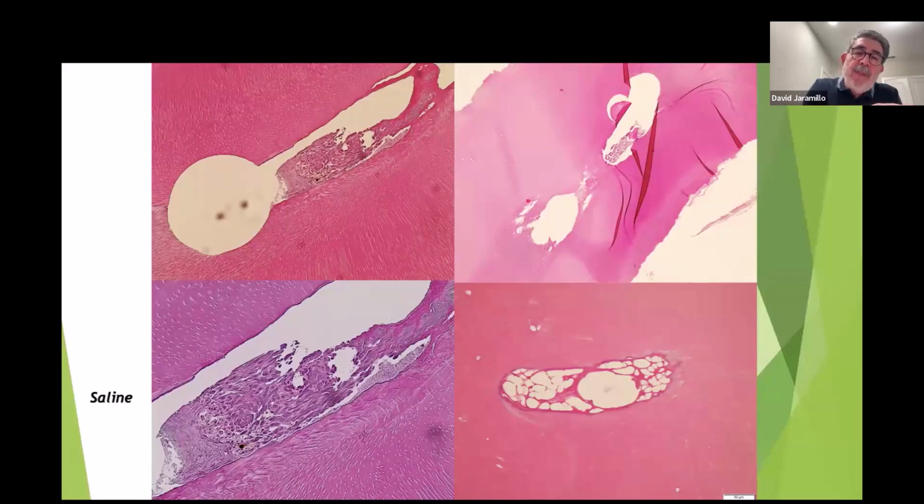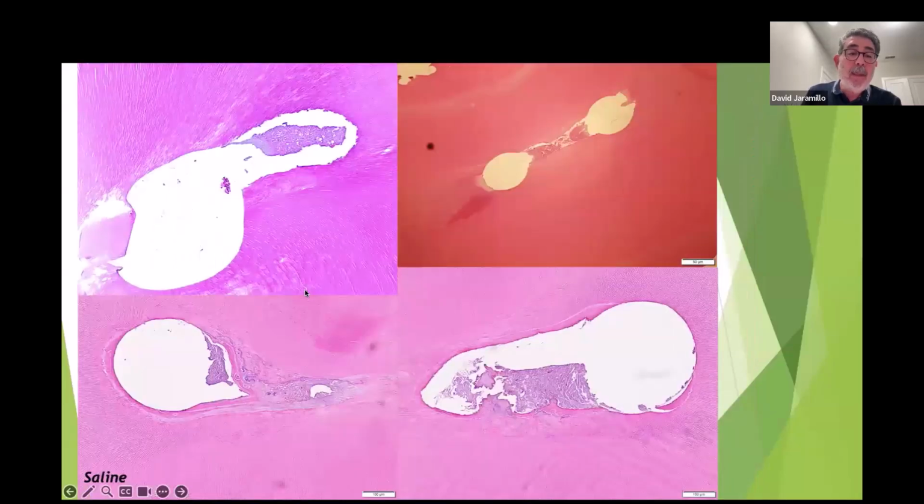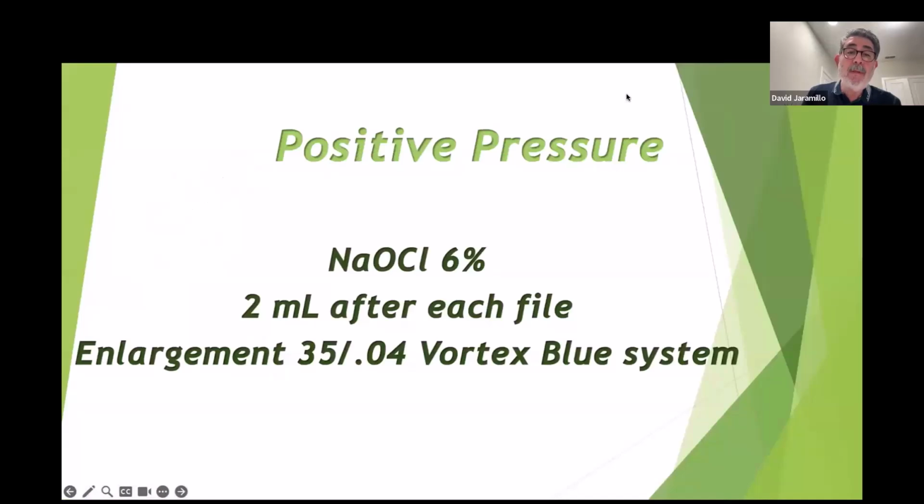Sometimes there are these calcified areas where the instrument doesn't touch, and bacteria hide in those microscopic spaces. So this is saline. Look at this fin here, the entrance of this isthmus, this other isthmus. Some pulp tissue is left behind in the root canal, as we can see, when we use saline.